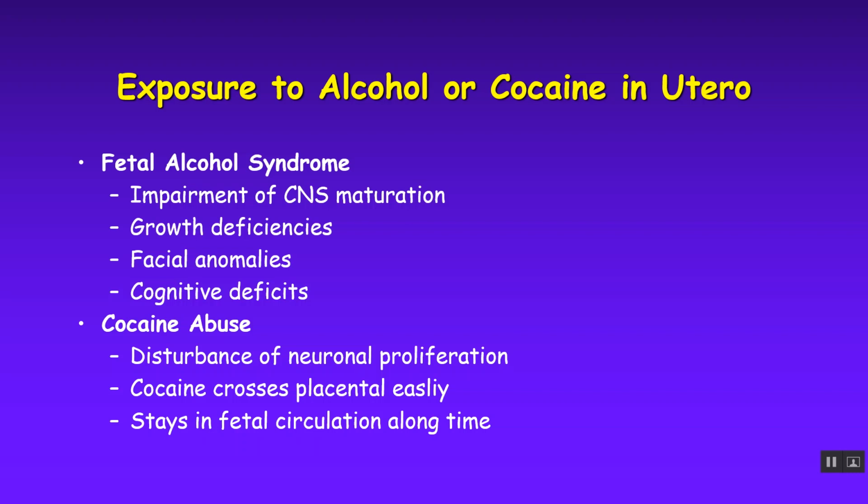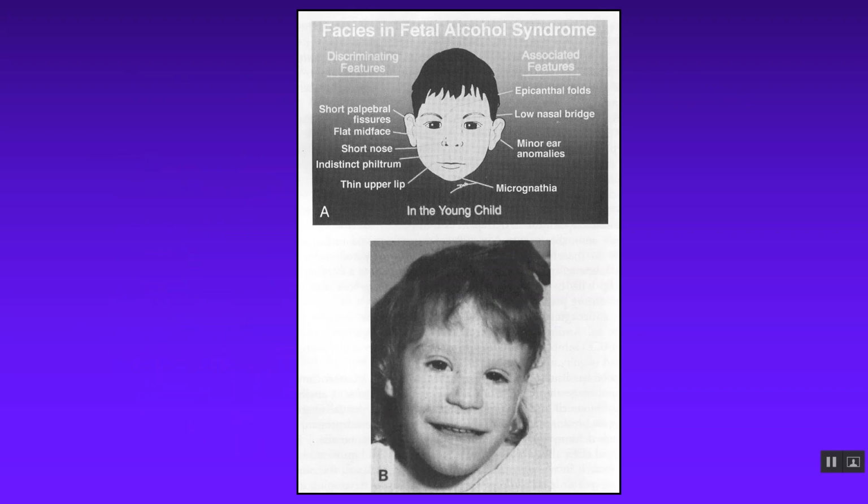Cocaine and some other drugs cross the placenta pretty easily and stay in fetal circulation. So kids are born and go into withdrawal, which is not good for any adult, let alone a baby with a very sensitive developing nervous system. So you're also likely to get less complex connections in the nervous system, and appropriate connections being developed at critical times.